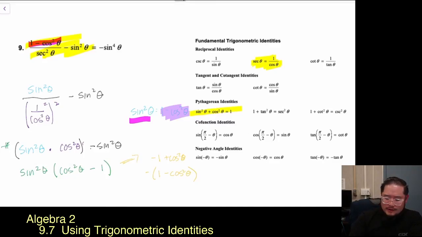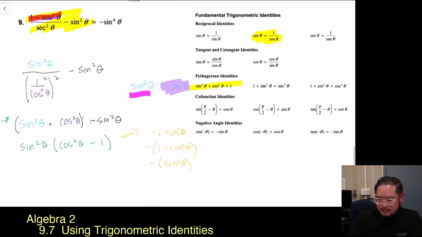So what I'm going to do now is substitute right here. And this substitutes into sine squared theta. But now we have this negative that's in front. So we're almost down to the end. I'm going to put sine squared theta, and then that, and we multiply it and substitute it with negative sine squared theta.